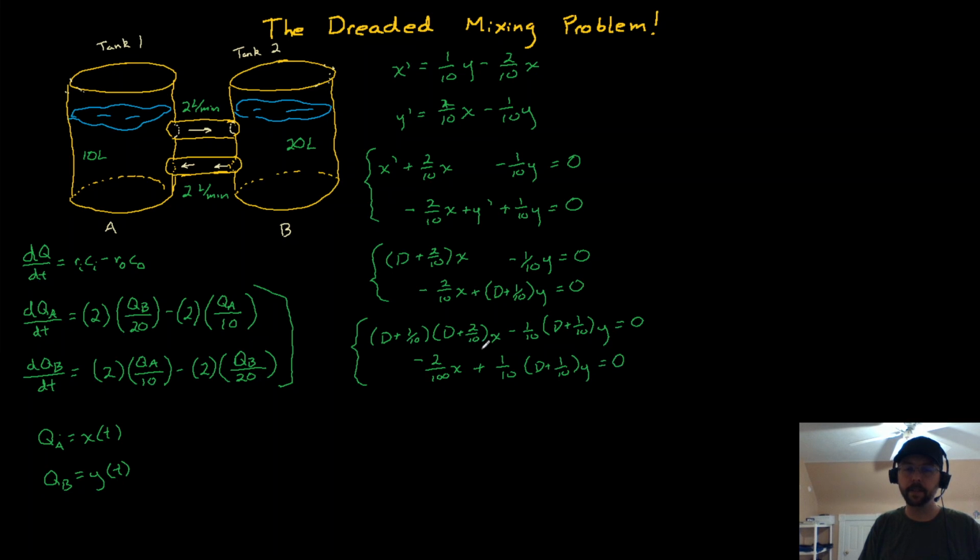Now we're going to add these two equations together, and when we do, we see that negative 1 over 10 D plus 1 over 10 times y and a positive 1 over 10 D plus 1 over 10 times y, those two terms cancel. So we're going to be left with this times this times this, plus this times this.